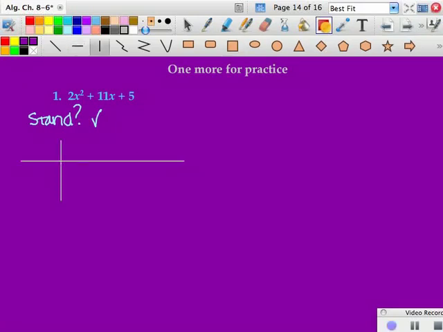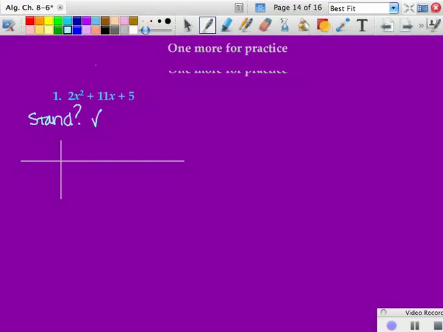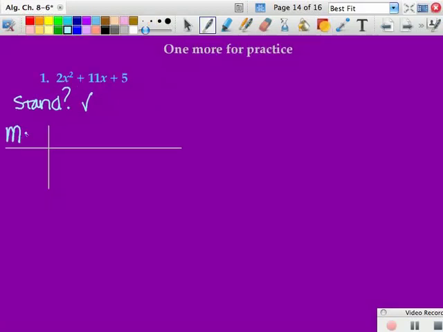All right, now multiply. Remember, multiply. That means you're multiplying your first and third terms. So 2 times 5. So that would be our 10. And then for our middle term, our 11, that goes here. Okay, now in our top row, list out all factors of 10.